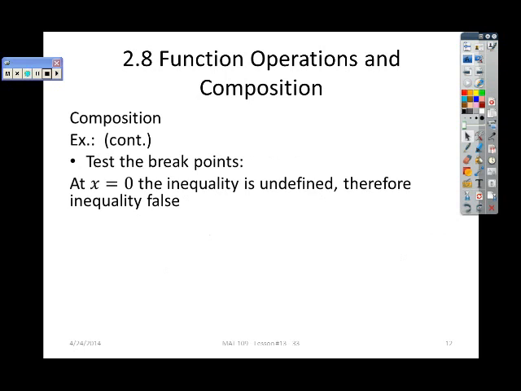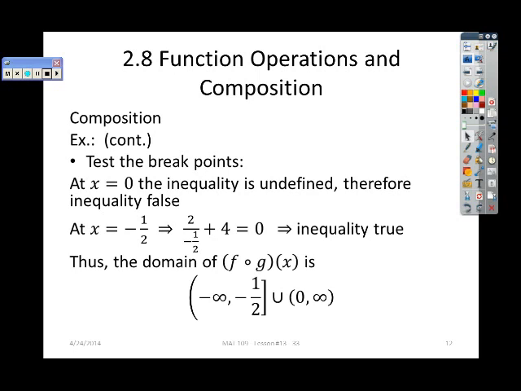Then we test the breakpoints themselves, the 0 and the -1/2. If we let x equal -1/2, the inequality is true, so we're okay there. But we can't use 0 because we already threw it out from the domain of g. And so the domain of the solution throws out everything between -1/2 and 0.